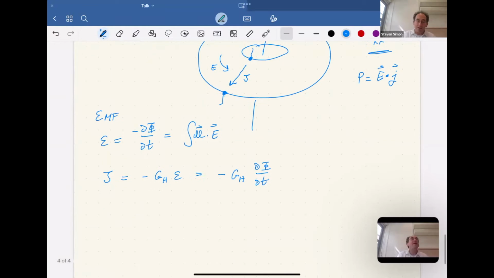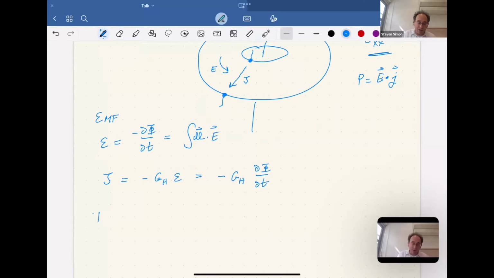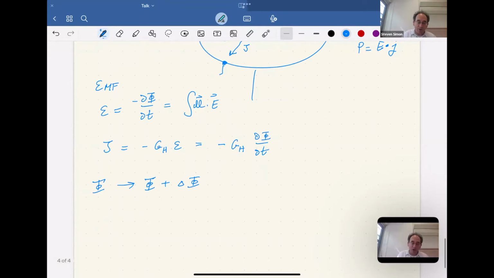Now what we're going to do is take phi and slowly, adiabatically change it to phi plus delta phi, and ask how much charge will be transferred. The amount of charge transferred from the inside to the outside is the integral over time of j of t, and that will be g Hall times the integral dt epsilon of t.